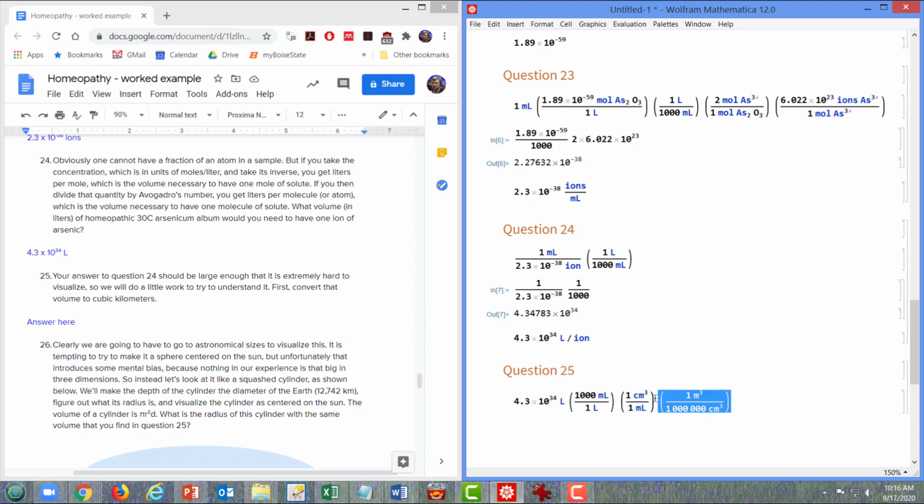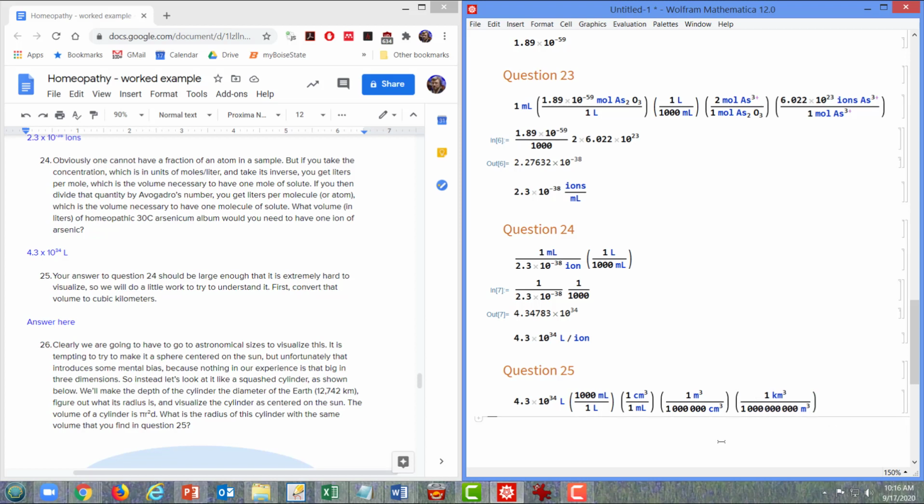We're now going to do the same thing, converting from meters as it requests to kilometers. So a single kilometer is 1,000 meters. That would be meters squared. That's meters cubed.